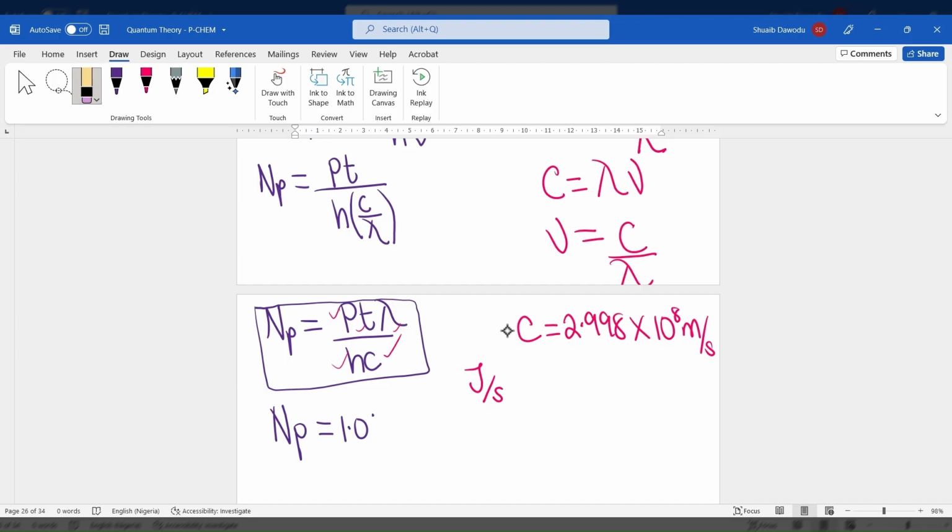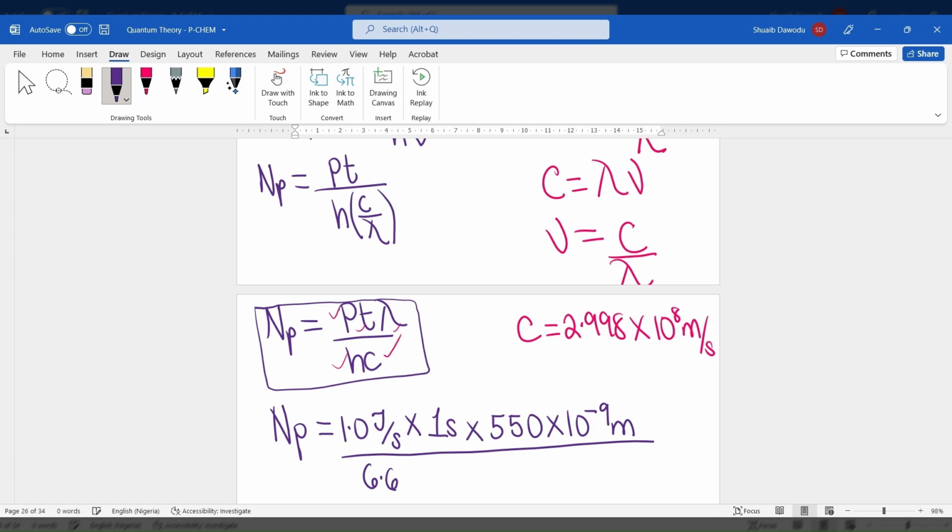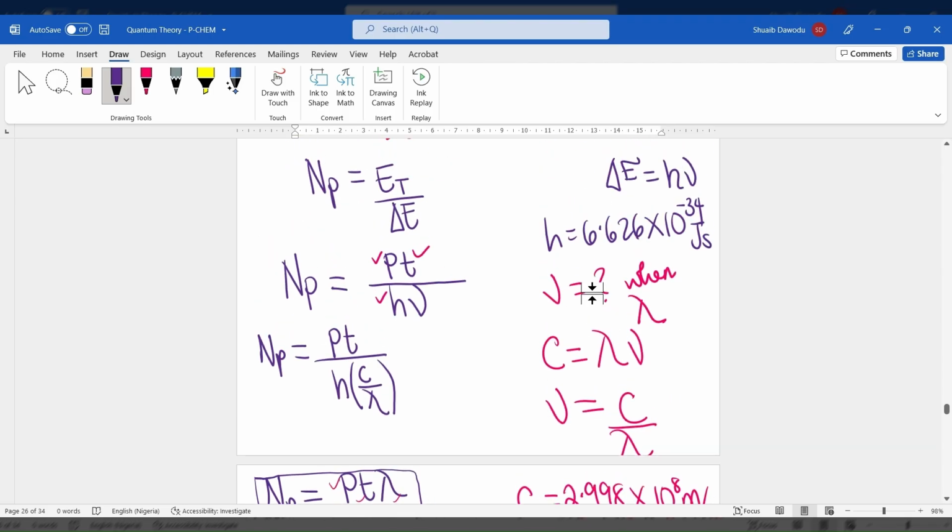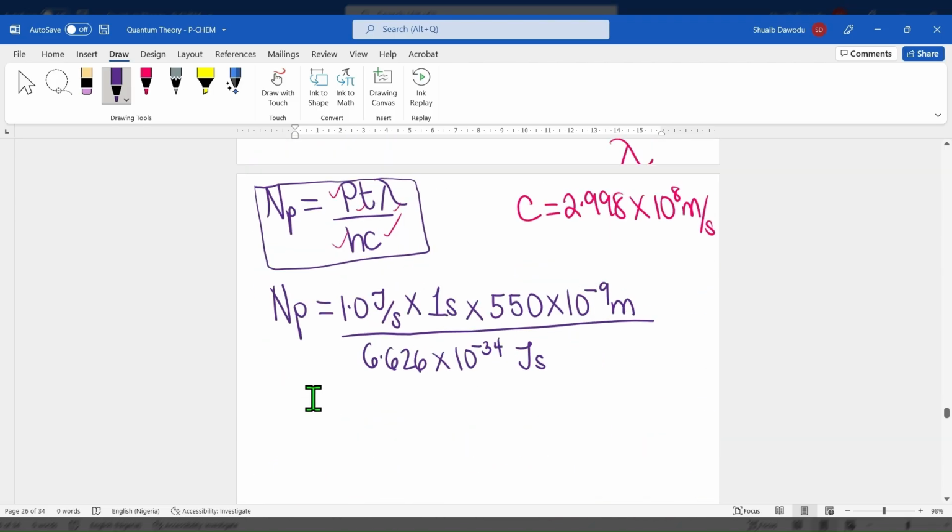So I'll just say 1.0 joule per second multiplied by time, so multiplied by 1 second, multiplied by the wavelength, which is 550 nanometers, 550 times 10 to the power of negative 9 meters, divided by Planck's constant, 6.626 times 10 raised to the power of negative 34 joule seconds, because that's the unit for Planck's constant, times 2.998 times 10 raised to the power of 8 meters per second.